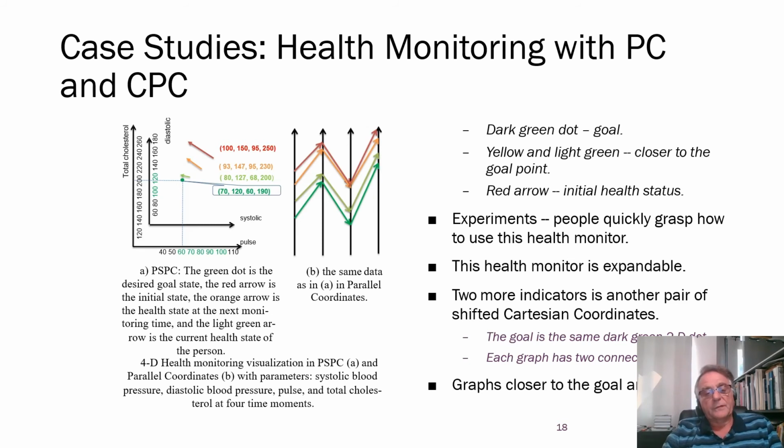Okay, and the same is visualized in the shifted coordinates. The first 2 coordinates represent the blood pressure, systolic and diastolic, and the second two pulse and total cholesterol.